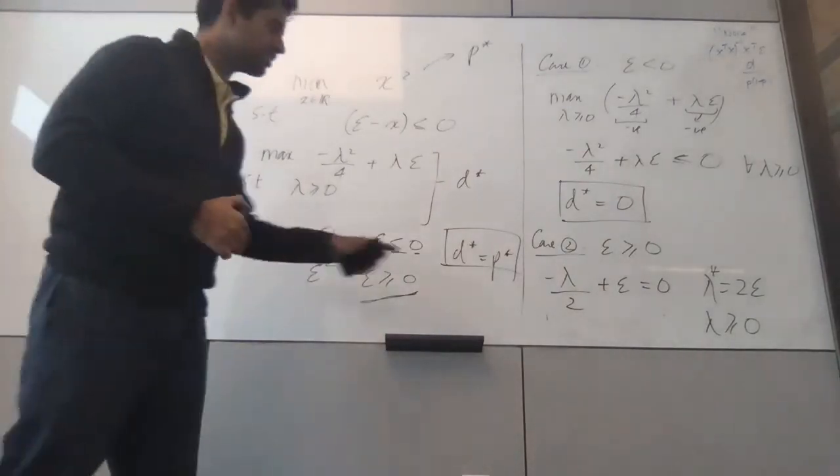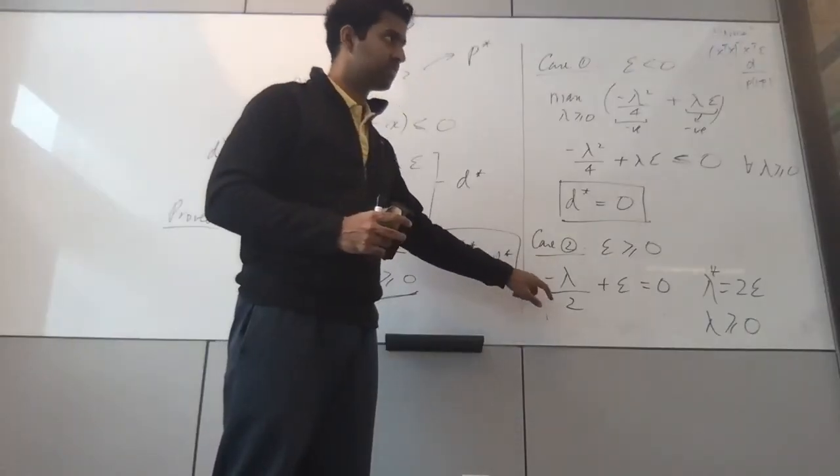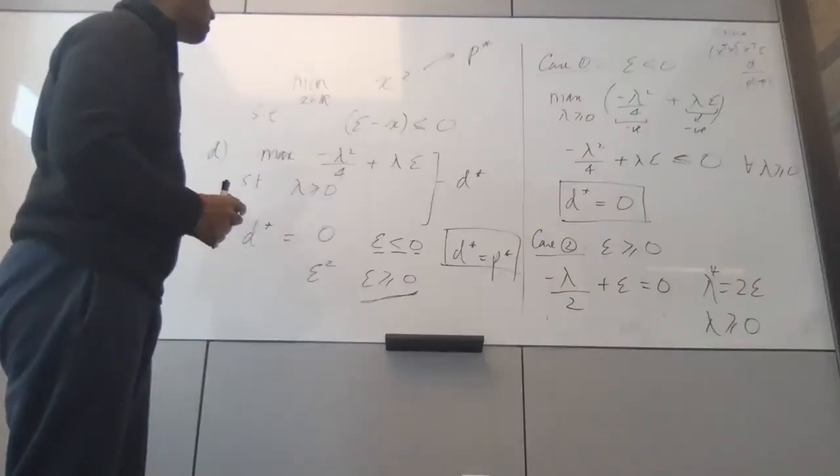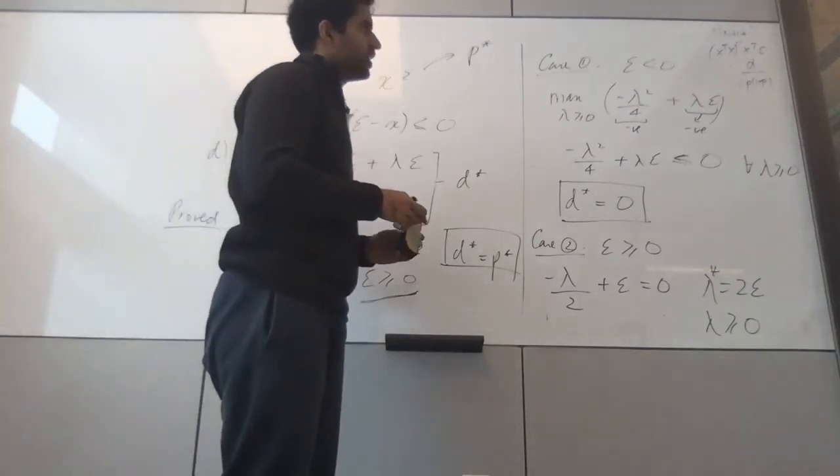So does it make sense? Sorry. On the right side of the board, why didn't we take the derivative also? Oh, we took the derivative. I mean the case 1. Oh, case 1. Okay, so let's say we took the derivative.